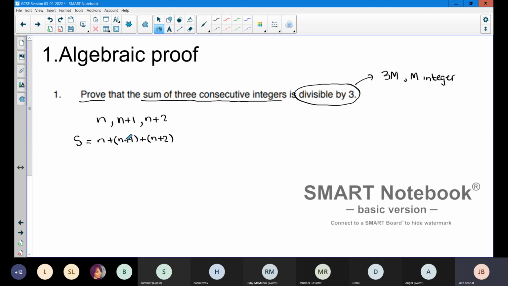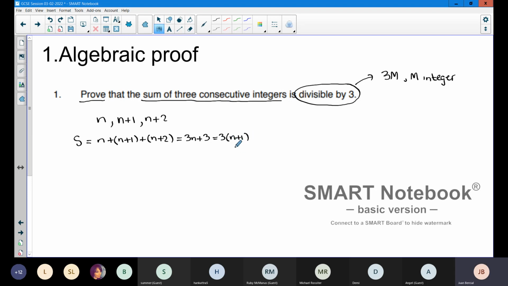So we have n plus n plus 1, so the 3 n's, n plus n plus n, together give me 3n. We've got 1 plus 2, which is 3. But of course, I can write this as 3 times n plus 1.